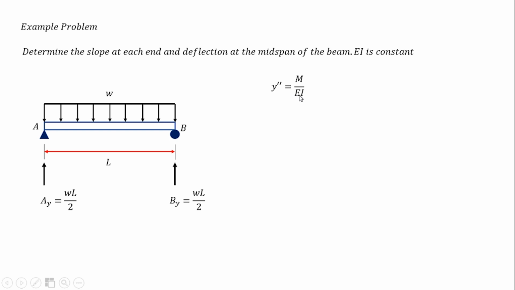So as you can see, yung kailangan natin dito for this equation is yung M function of x. So first, magka-cut tayo for this beam. Magkakaroon tayo ng sections. So pag nag-cut tayo, magkakaroon tayo ng left section and right section. So itong section, let's say, yung length niya from point A is variable x. So, if we get this section, let's say, kukunin natin itong left section, ito yun.